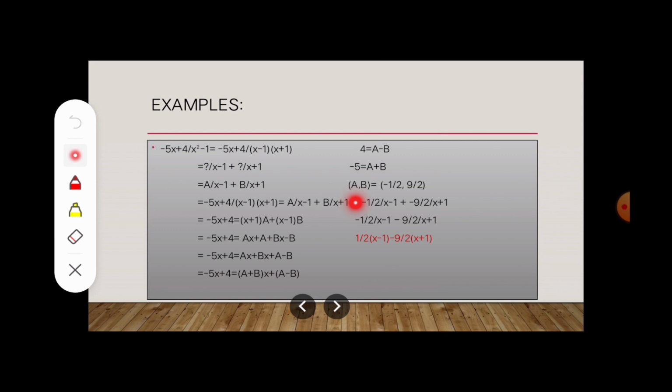Then use negative a over b equals a over negative b equals negative a over b to rewrite the fraction. So we have negative 1/2 all over x minus 1 minus 9 over 2 all over x plus 1.